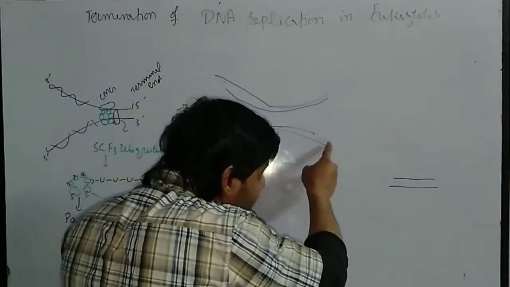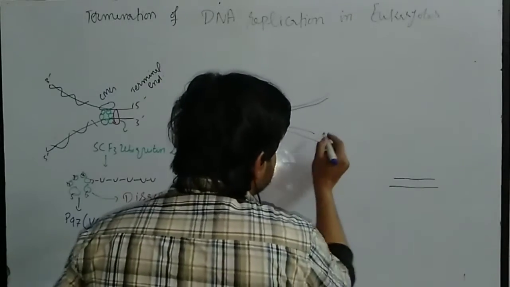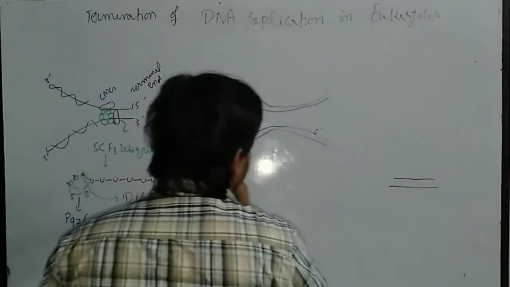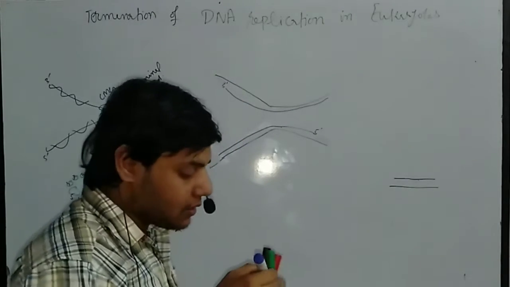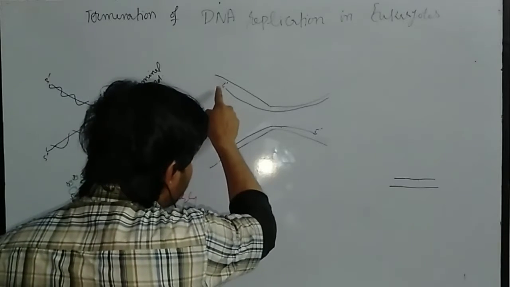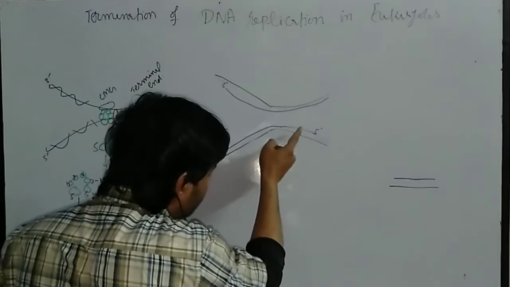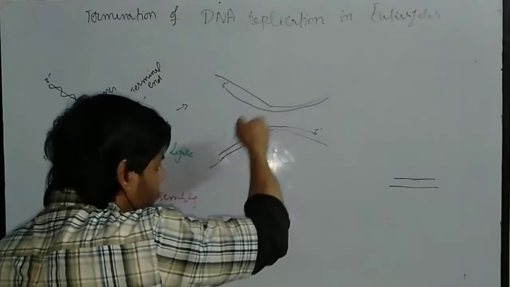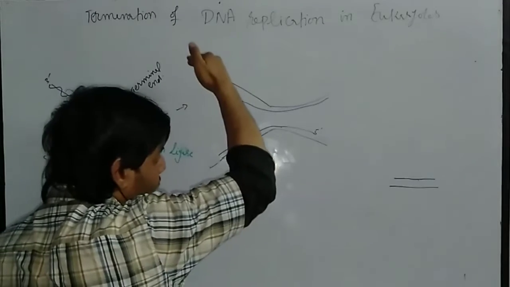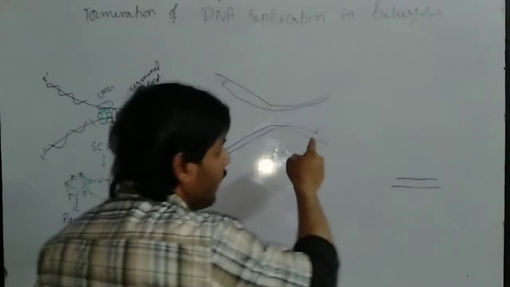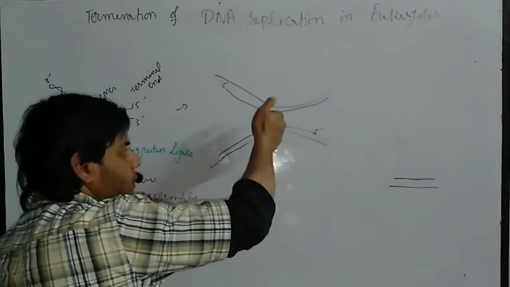That specific area is also to be synthesized. But remember, at that specific site there is the 5' end, and there is also the 5' end. This is the problem. The strand will be synthesized in the 5' to 3' direction, the upper strand continuously, but the lower strand in a discontinuous manner.